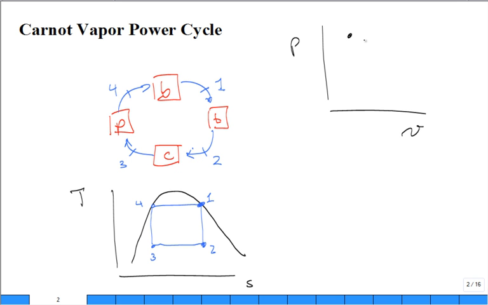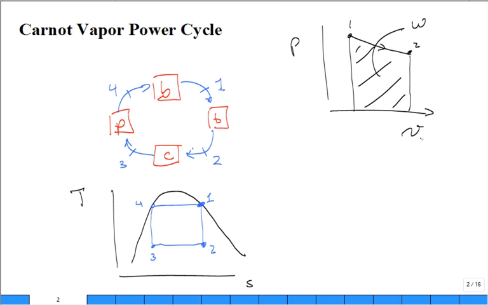Because if I took a system and I expanded it from state 1 to state 2 along a line indicating a process, a sequence of states which were all in equilibrium, quasi-equilibrium states, we could interpret the area under that curve as something special on a PV diagram. What was that area under the curve? The work.